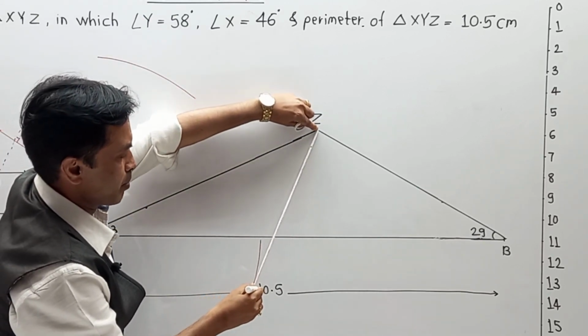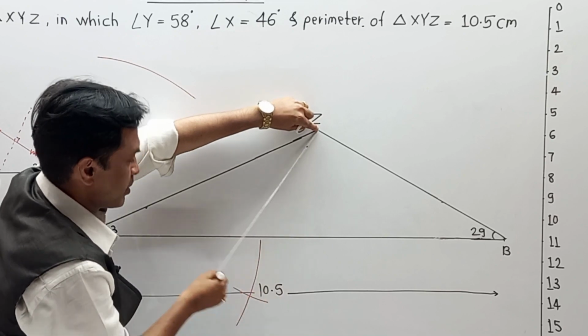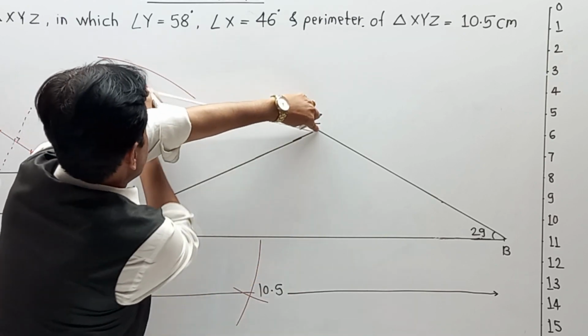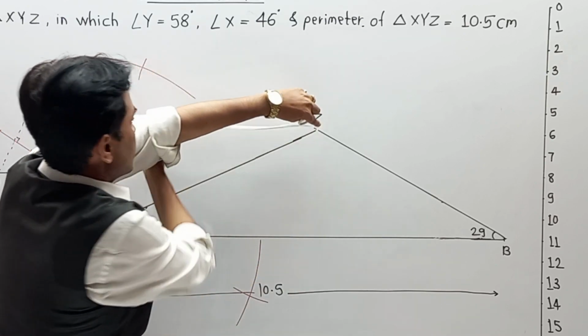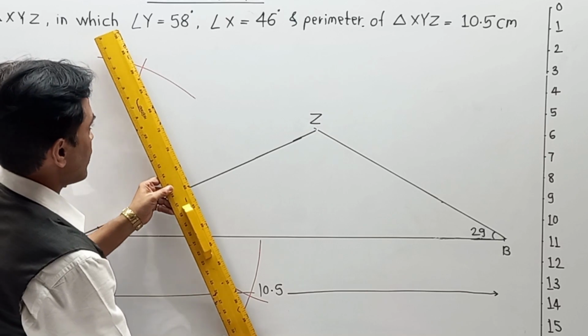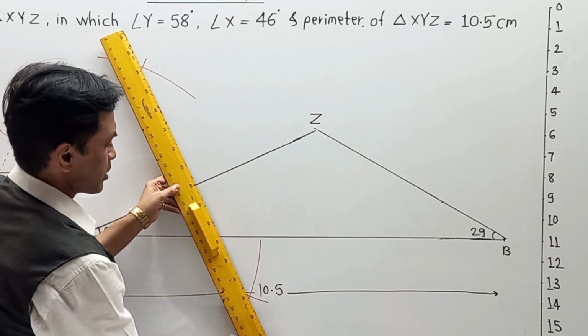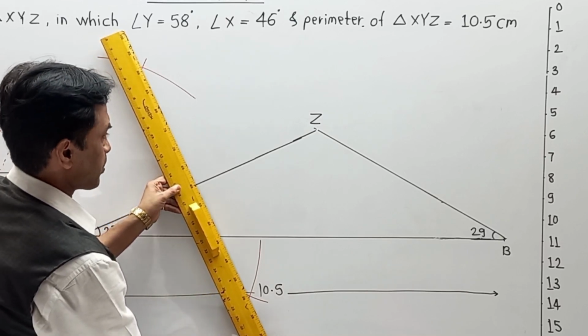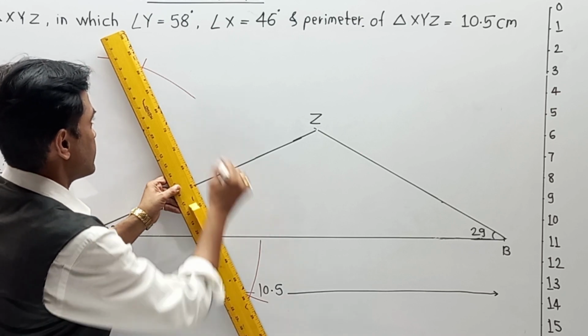Now fixing from point Z, your first arc will be over here and second arc will be over here, and in this way you make the first mark in terms of arcs. Now we have to draw one line passing through them, which is nothing but the perpendicular bisector of AZ.